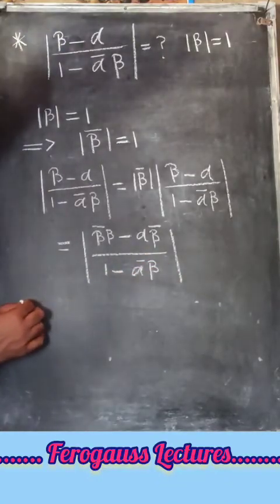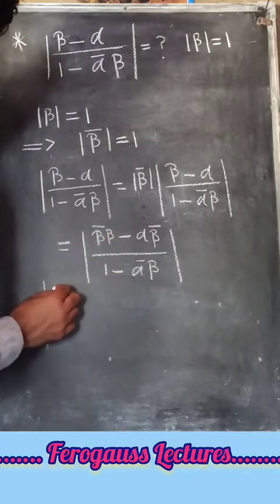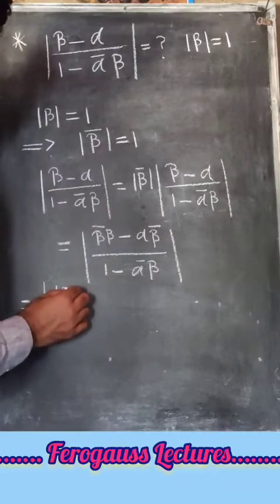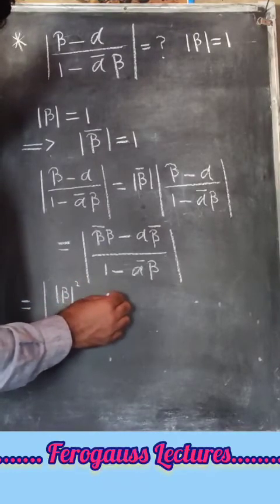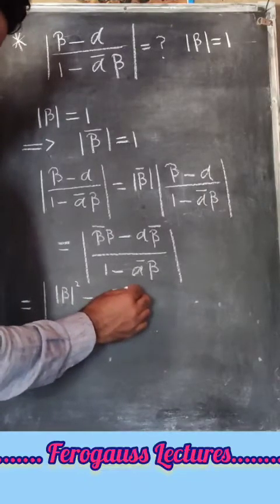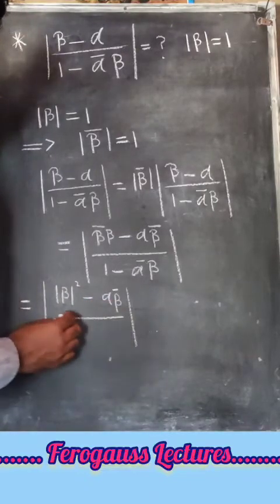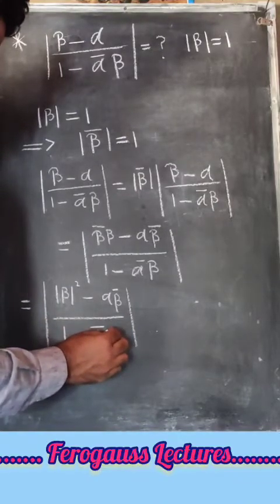That is further equal to mod of beta square minus alpha beta conjugate divided by 1 minus alpha conjugate beta.